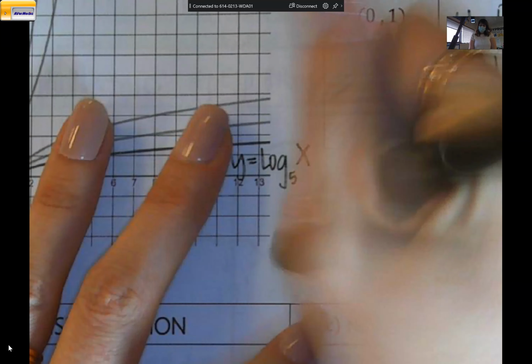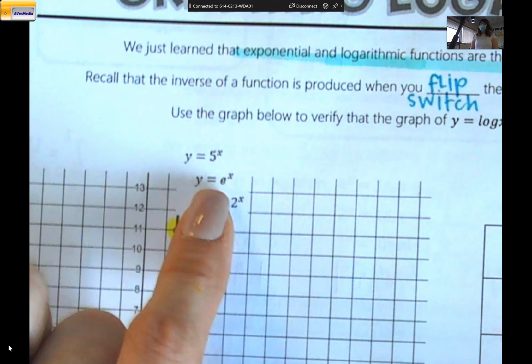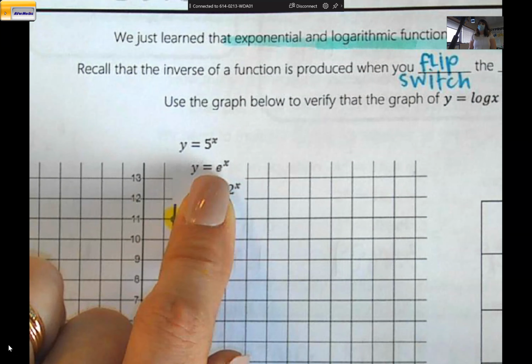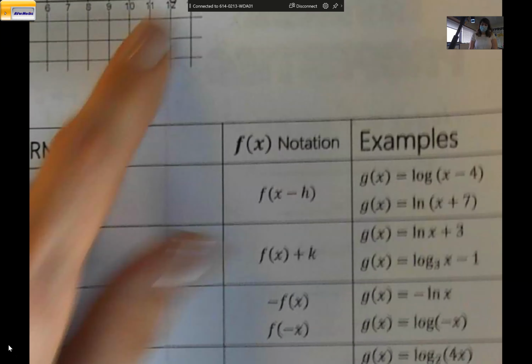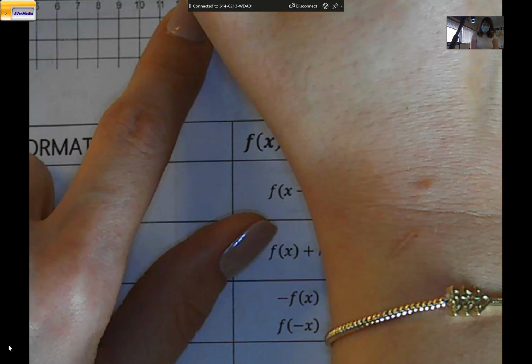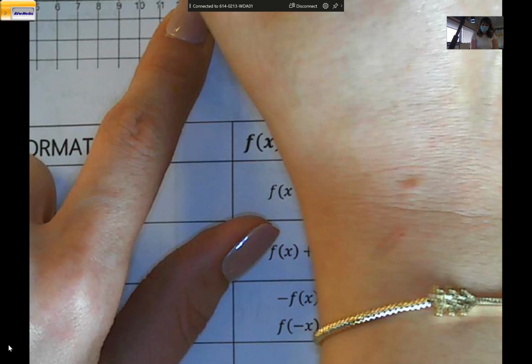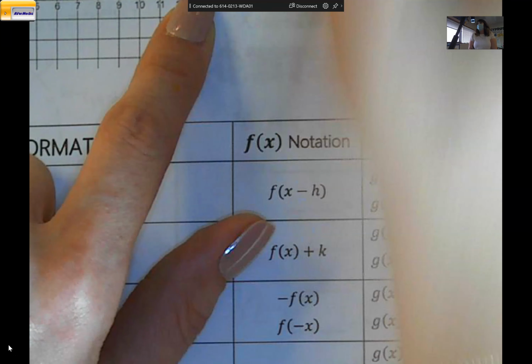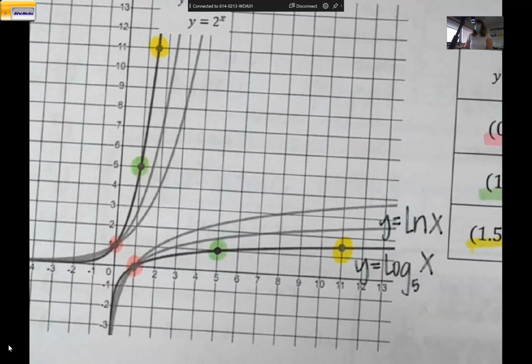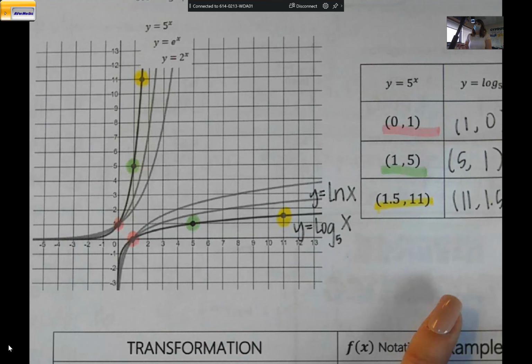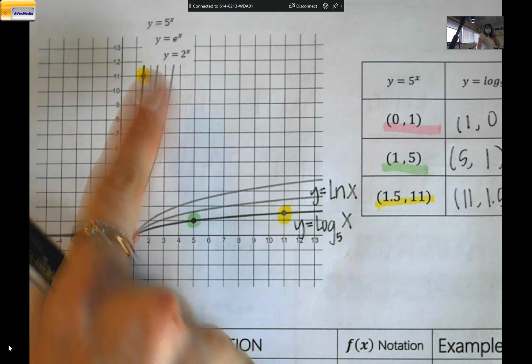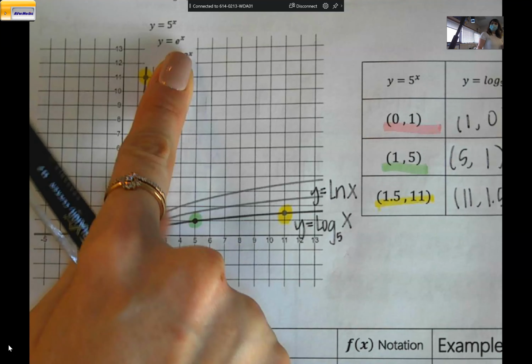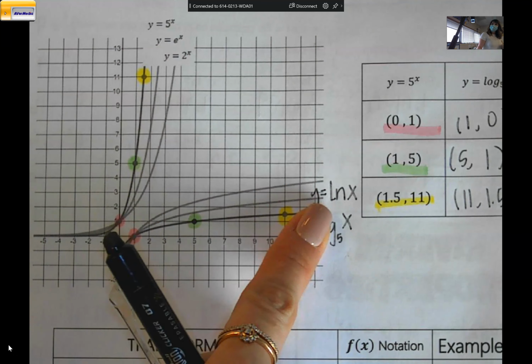The one in the middle is the inverse of the natural base. That means that it's the natural log. So it's y equals ln of x. Remember, that's ln, not in. If you have the natural base, the inverse is the natural log.